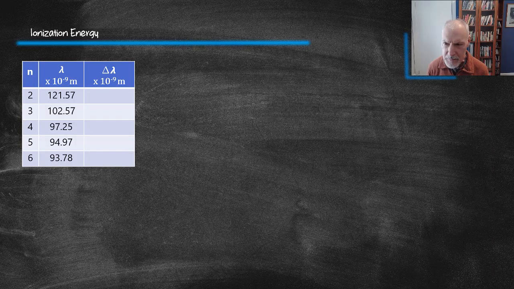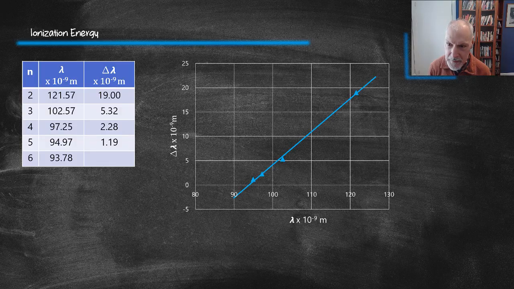Here I'm showing the wavelengths that are given by hydrogen transitioning from the nth orbit to the first orbit. So we can see that the wavelengths are becoming smaller. But not only that, the differences between them is becoming smaller, as predicted when we approach the convergence limit. If we make a graph of the wavelength and the change in the wavelength, we'll see they'll cross the axis at this particular point.